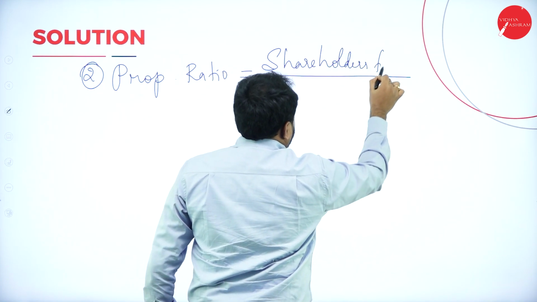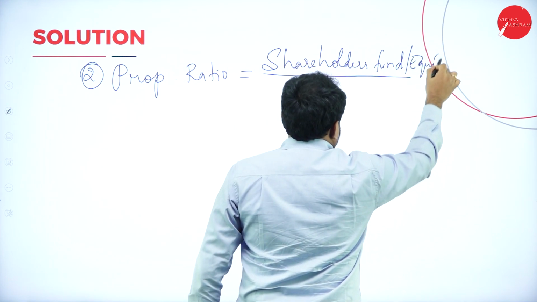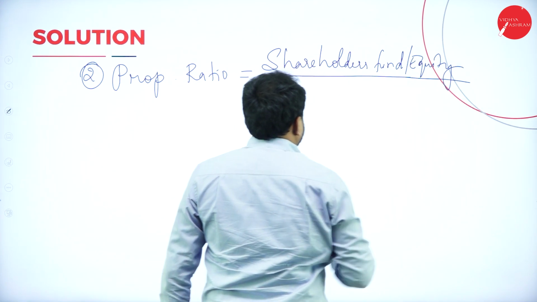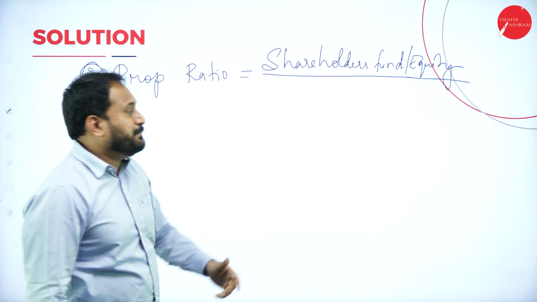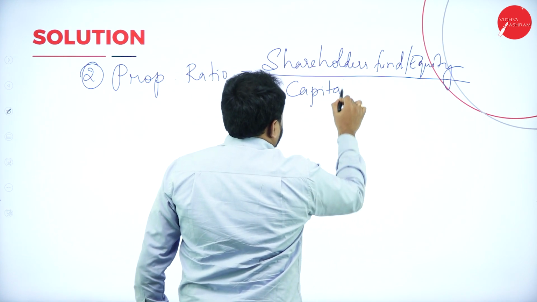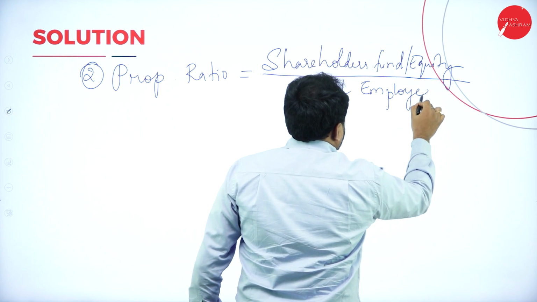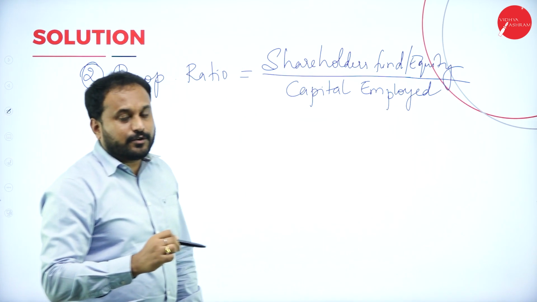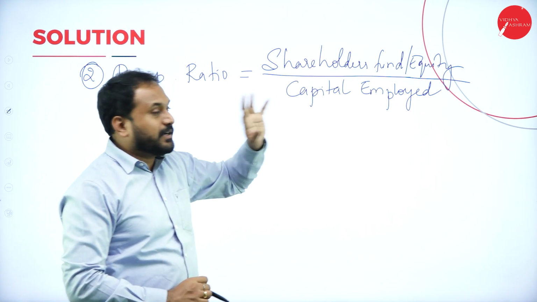Shareholders fund, it is also equity. Shareholders fund or shareholders equity, done. Divided by capital employed. Now if you have not watched the previous videos, please do watch. I have given an explanation and the formulas for capital employed also.